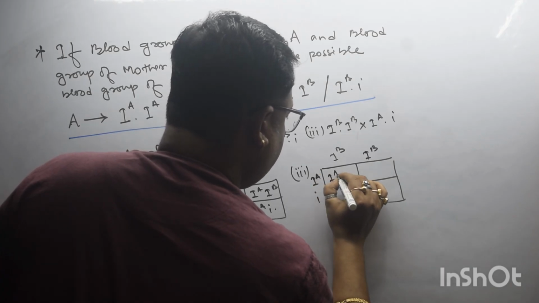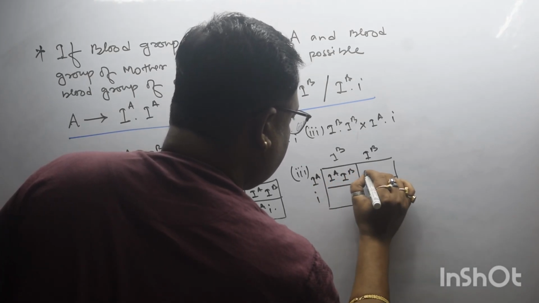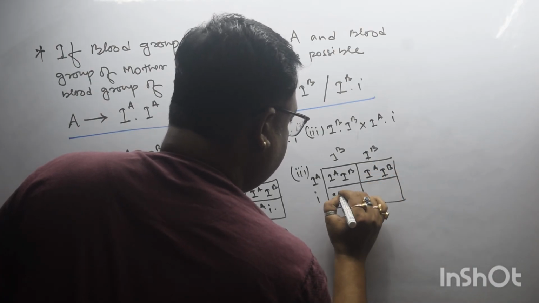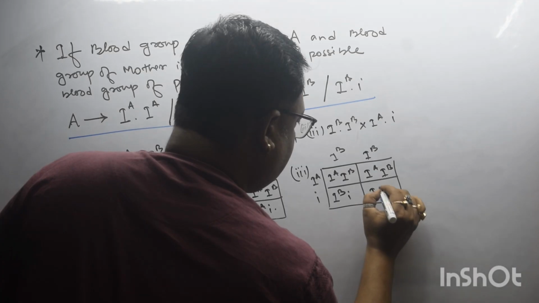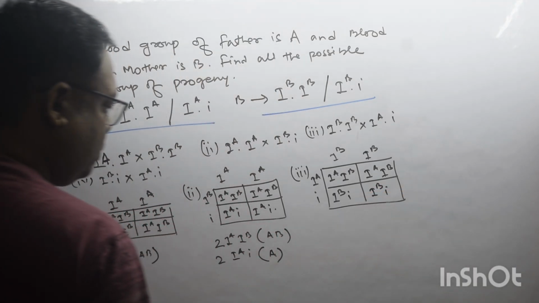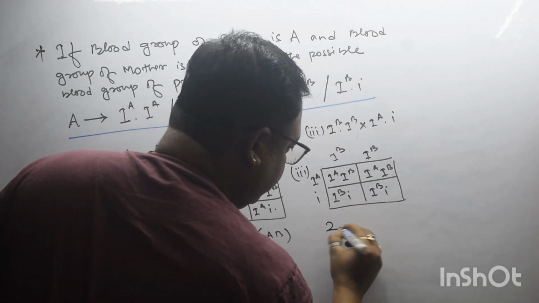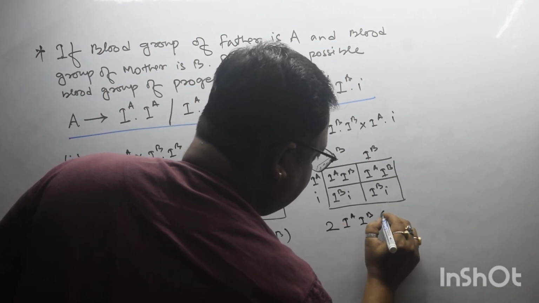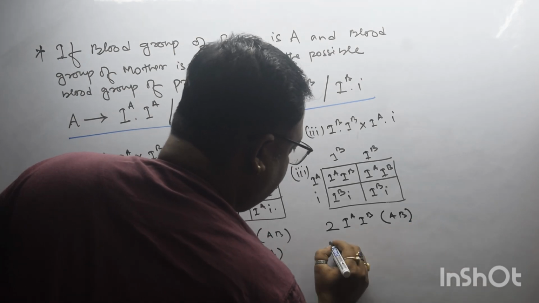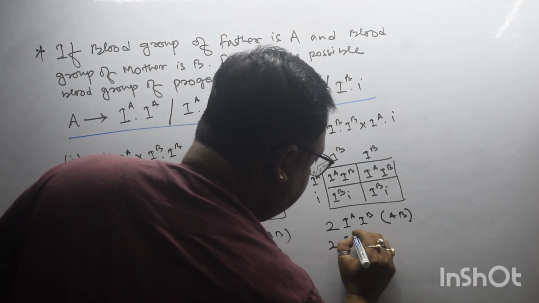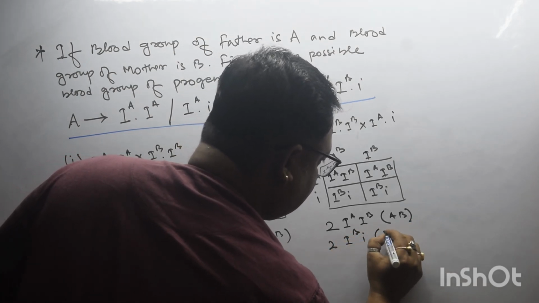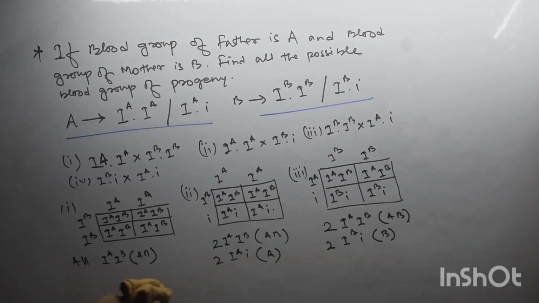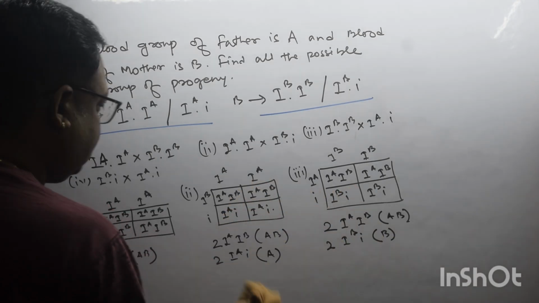So it will be IA IB, IA IB, IB small i, IB small i. So here blood group of the progeny will be 2 AB and 2 IB small i, that is B blood group. So this is the third case.